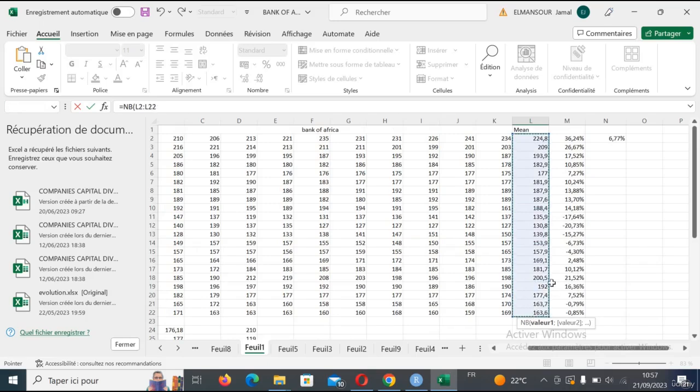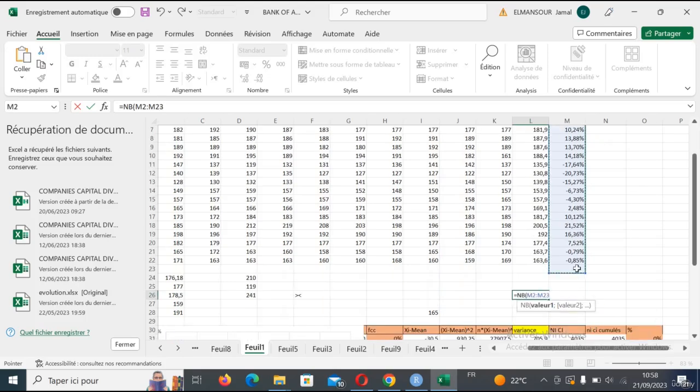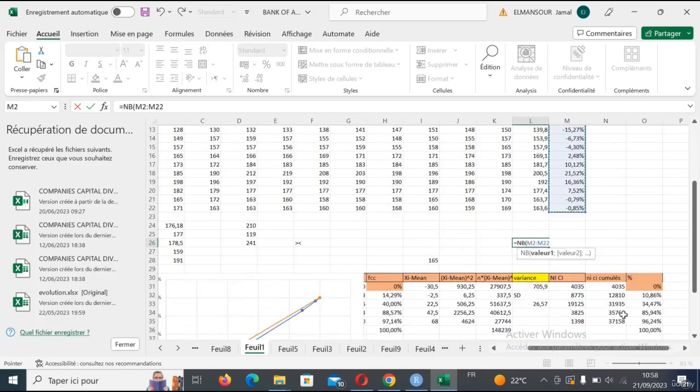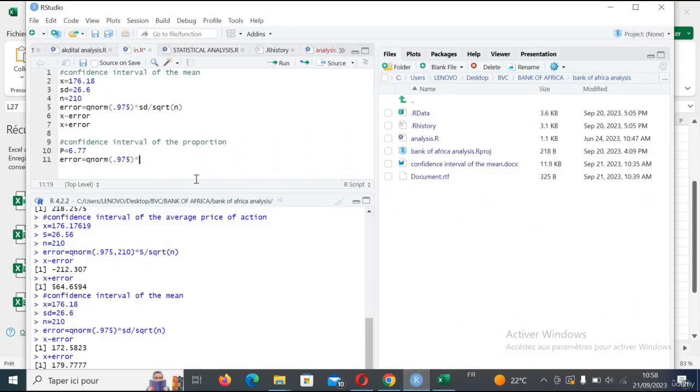You can select that. It's 21, okay? So the square root, as we said, of 6.77 multiplied by 100 minus, we calculate that primarily, 100 minus 6.77.